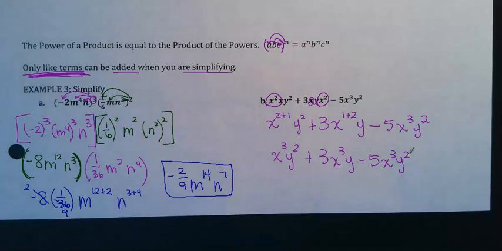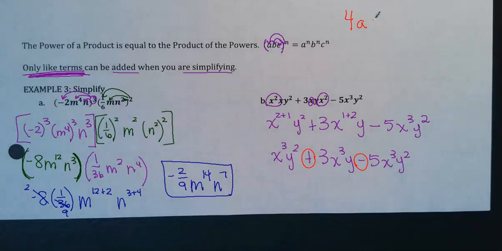Now this one's a little bit different because suddenly we have addition and subtraction. The only way we can add and subtract is if they have like terms. Remember before we've done like 4a plus 3b equals 2a. We can combine these two terms, 4a and 2a, when we're solving.